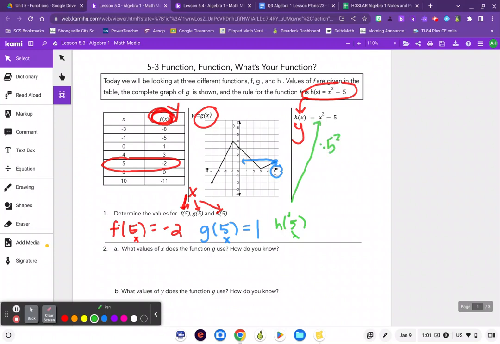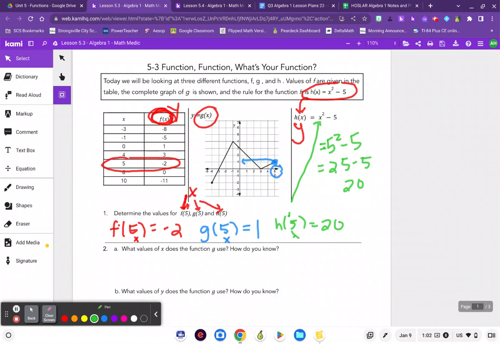And so I have 5 squared minus 5, which is 25 minus 5, which is 20. So h of 5 is 20. This is just me practicing finding the output when x is 5 for each of the different representations. And notice they all have different answers because they are not all the same function.